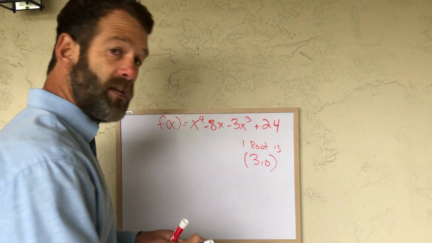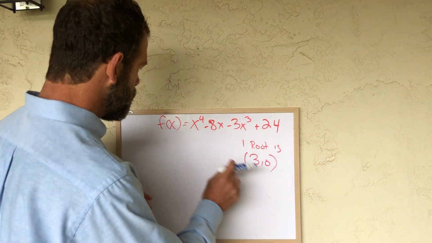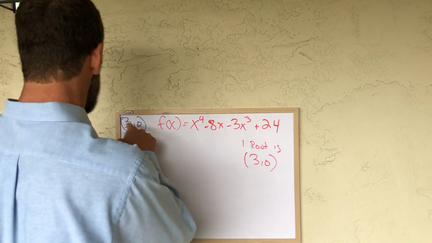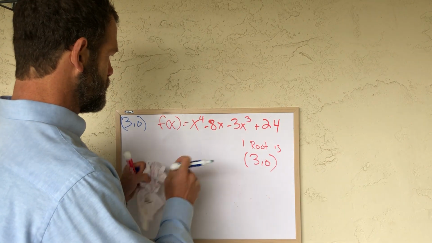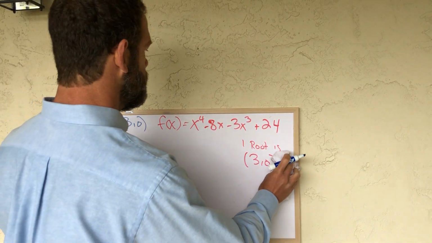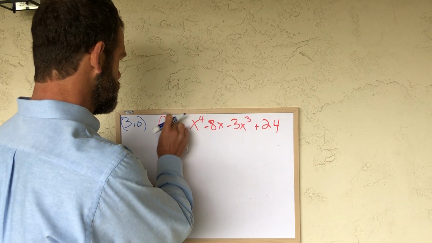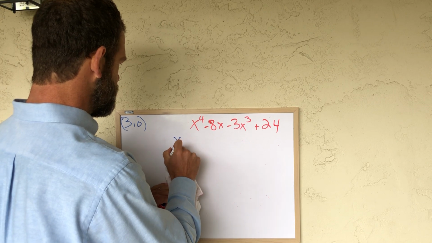Okay, now that you should have paused it, we already know one of the roots, which is 3, comma 0. And I'm going to put my roots right up here. So 3, comma 0 is one of my roots. Now, what you should have done is rewrite this in decreasing order, starting with x to the 4th.